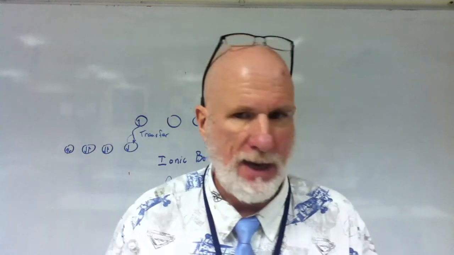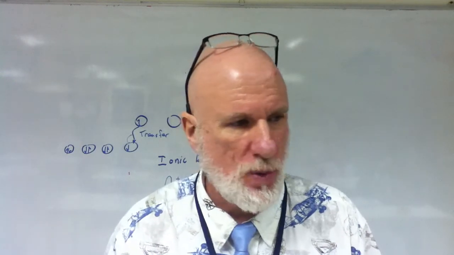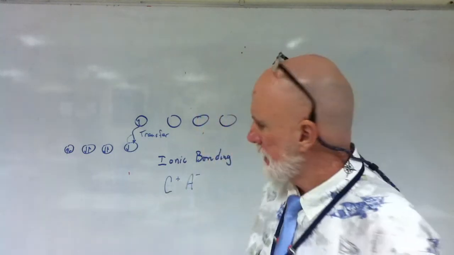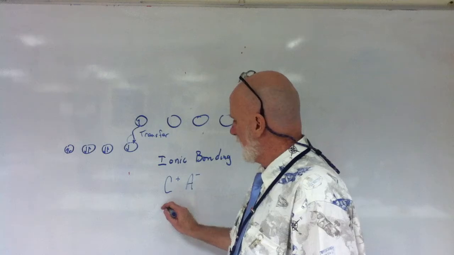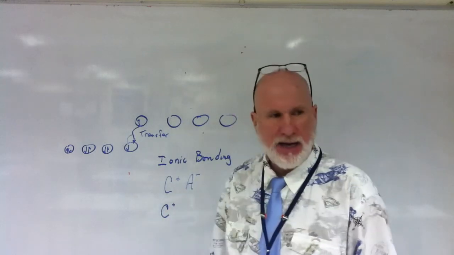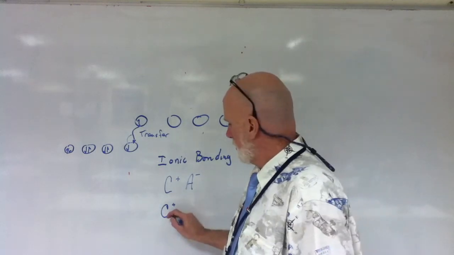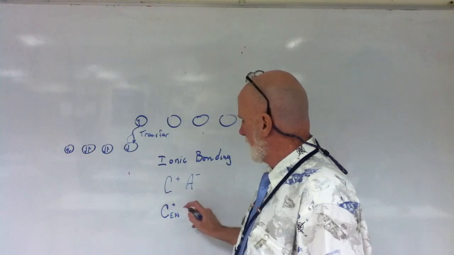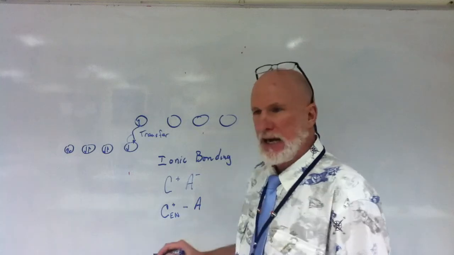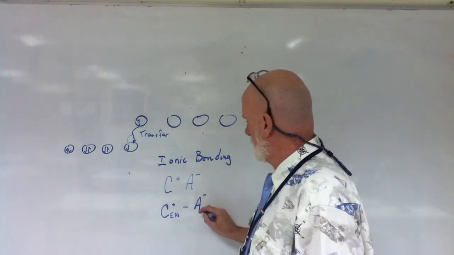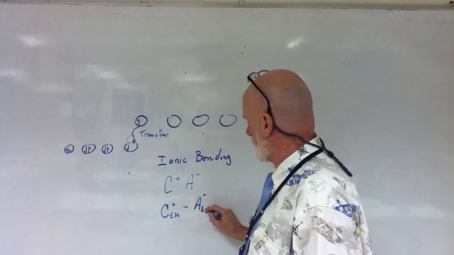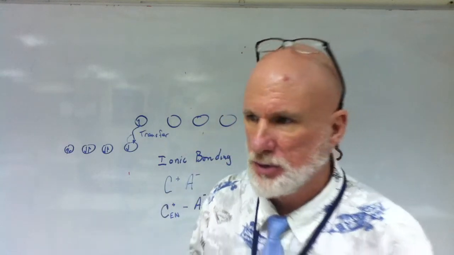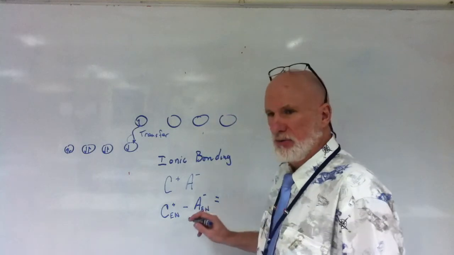And what determines whether or not it's going to be an ionic bond is a difference in electronegativity. So it'll be the cation electronegativity minus the anion electronegativity, which will result in a value.